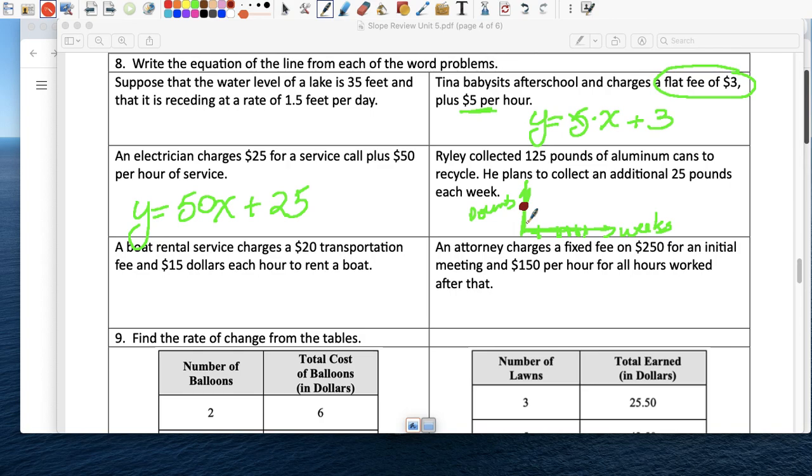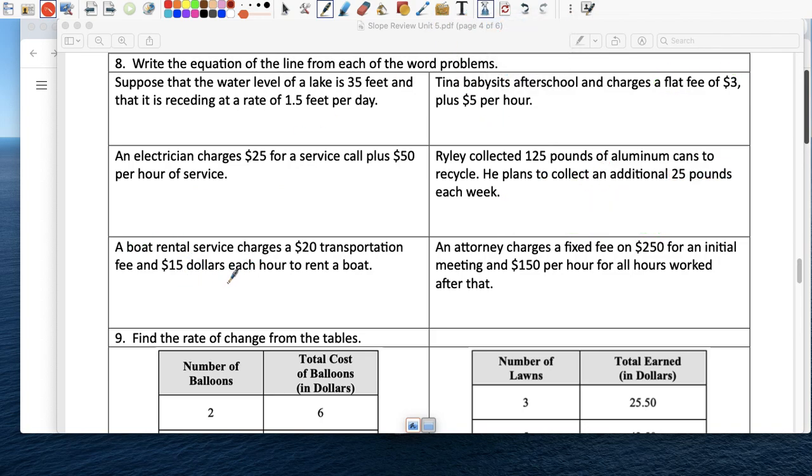When he starts again and wants to keep track of how many pounds of cans he has, he's not going to start at 0. He starts right here, and every week after that, he's plus 25, plus 25, plus 25. It doesn't start at 0, 0. So y equals, what's the rate of change here? 25 per week, plus the 125 he already has stashed.